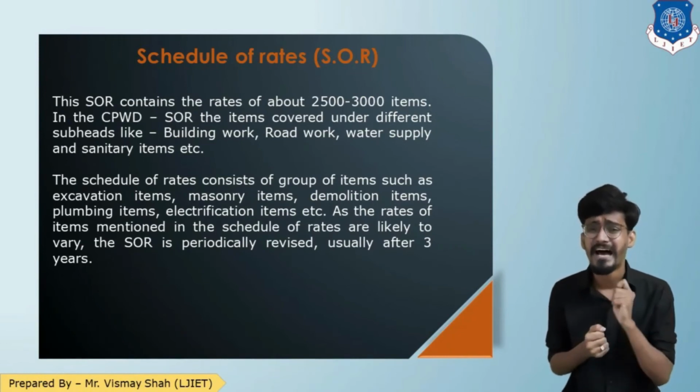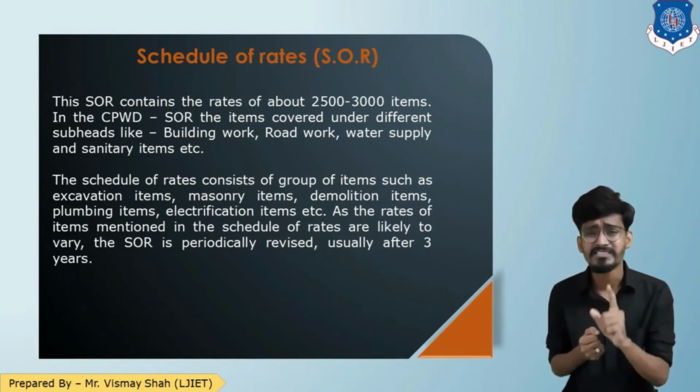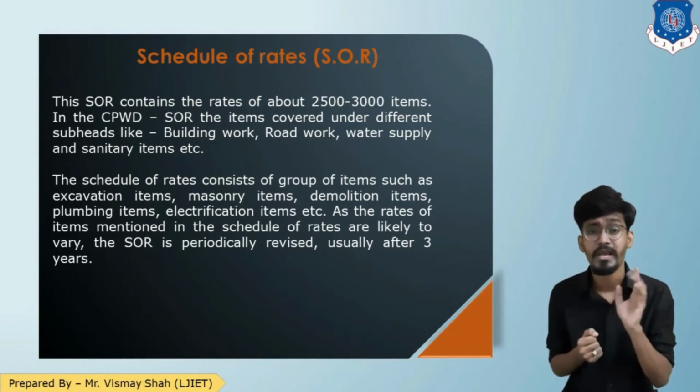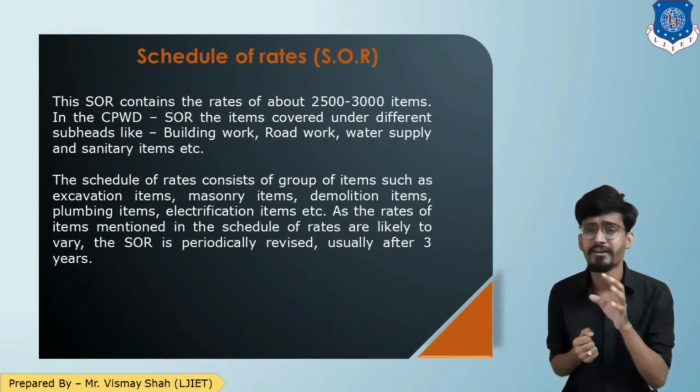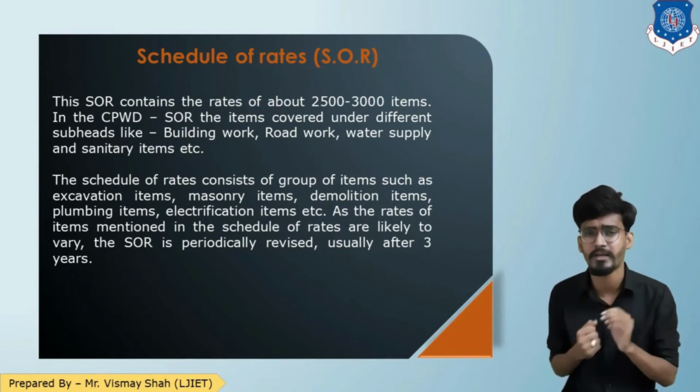Students, here I would like to discuss a scenario: SOR is prepared to help as a guide. It is not that you have to quote the rate according to SOR. For example, in SOR, generally the excavation rate is between 85 to 90 rupees.